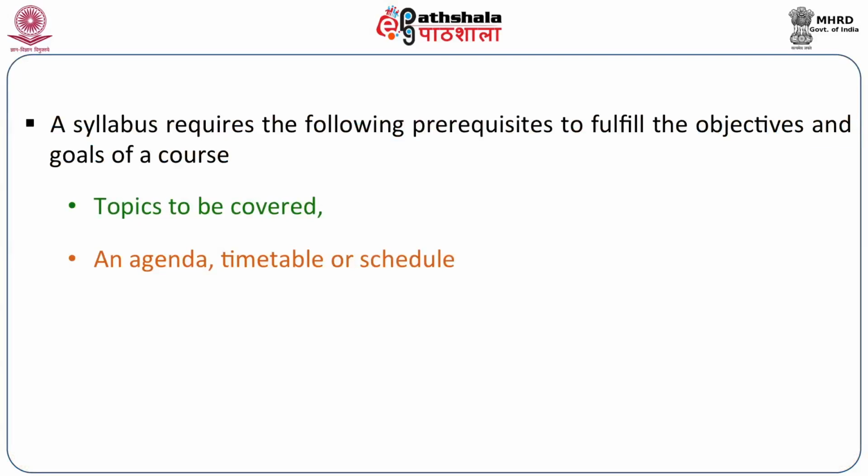In the same way, when we define the agenda, the timetable, the schedule, which topic requires how many minutes or days or periods should also be known by the person who is designing the syllabus. So only he can decide about the timetable or the schedule.